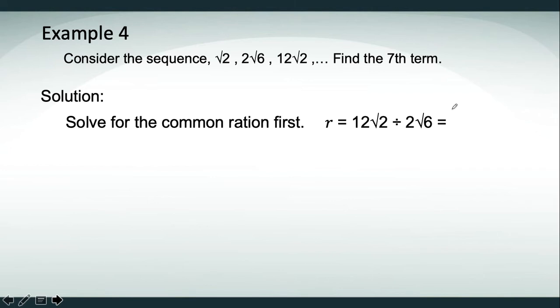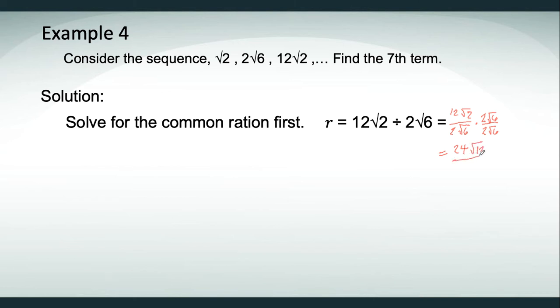Let's rationalize the denominator. 12 square root of 2 over 2 square root of 6. Then multiply both numerator and denominator by 2 square root of 6. So 12 square root of 2 times 2 square root of 6 is 24 square root of 12.